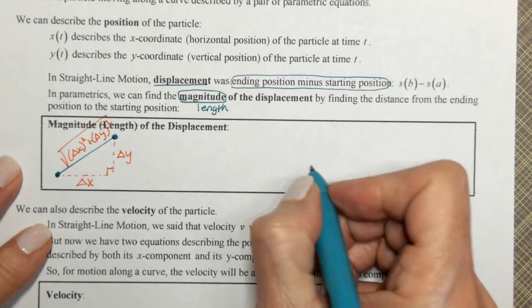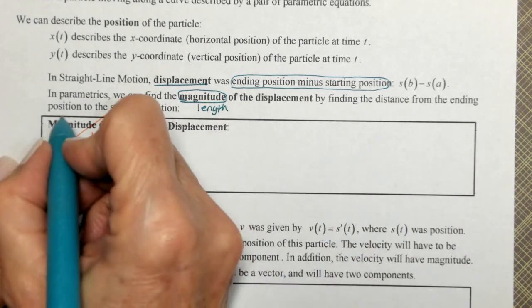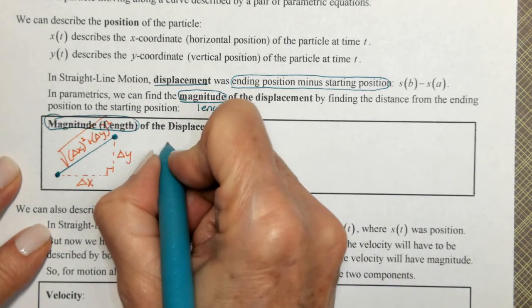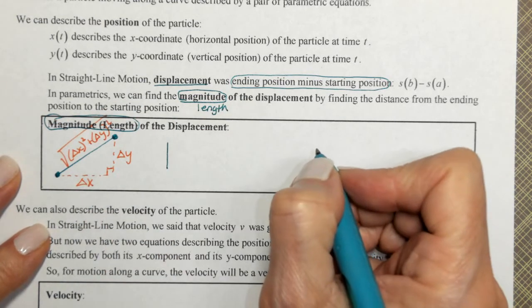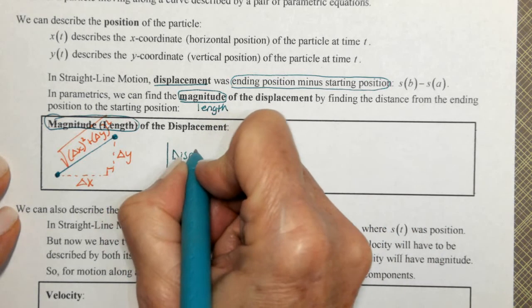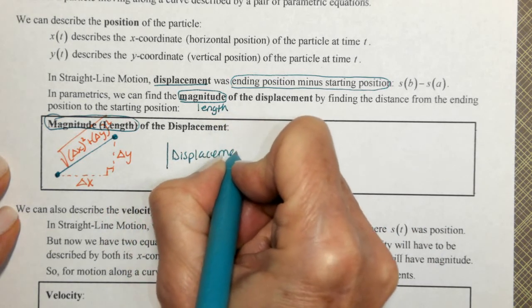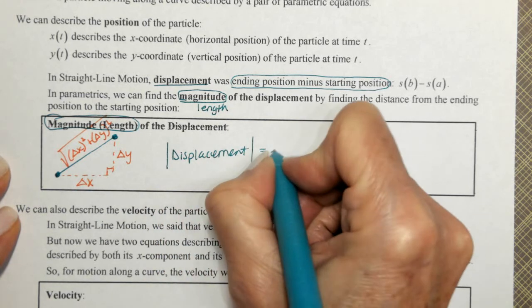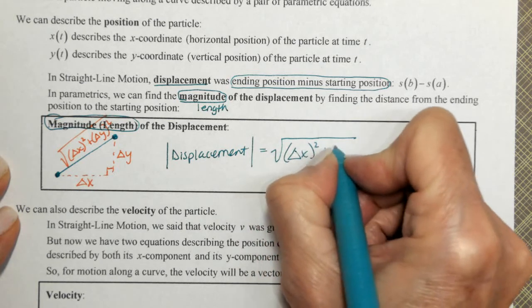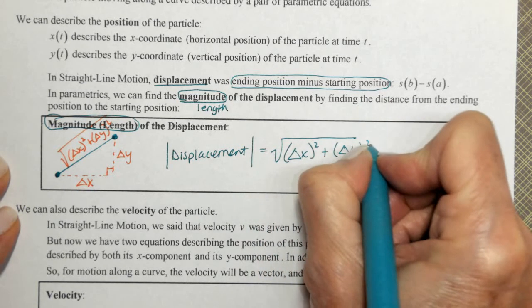So the magnitude or length of displacement, our notation for magnitude or length uses absolute values. That's notation. So the magnitude of the displacement is the square root of change in x squared plus change in y squared.